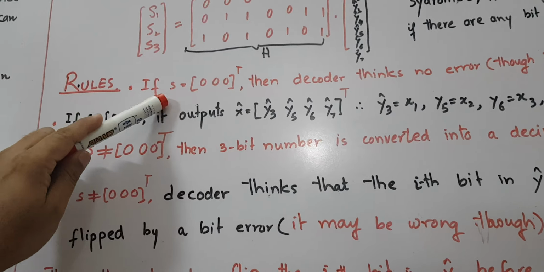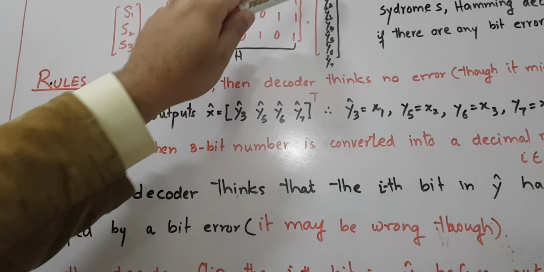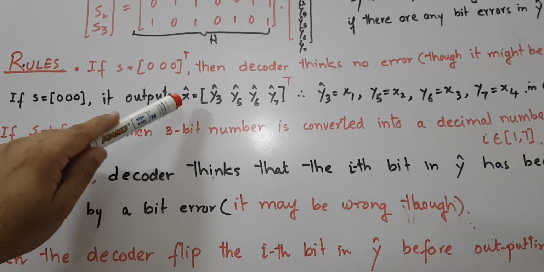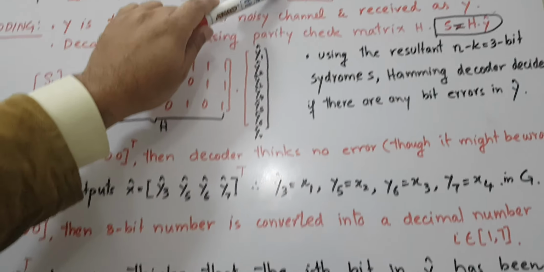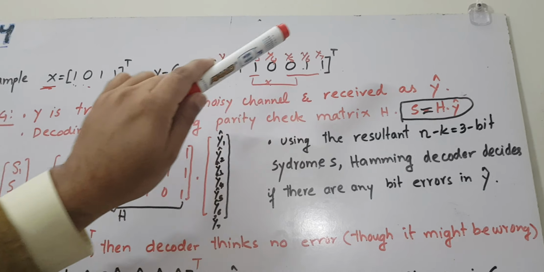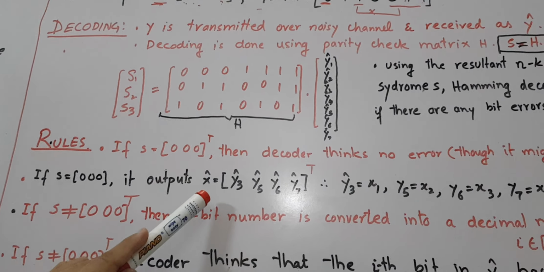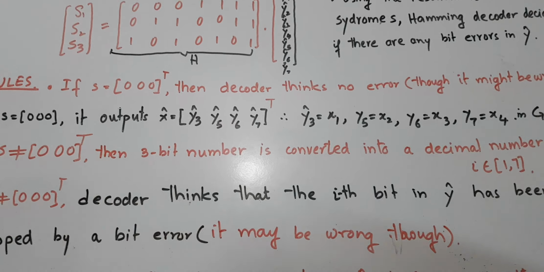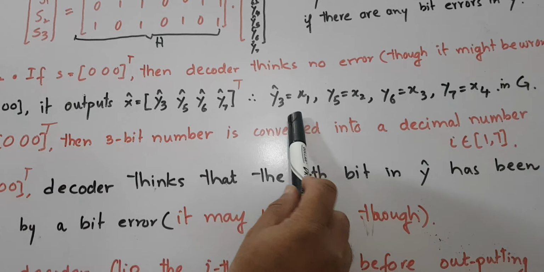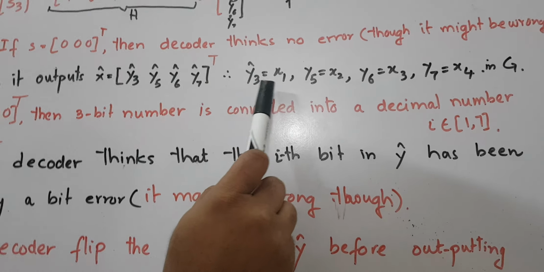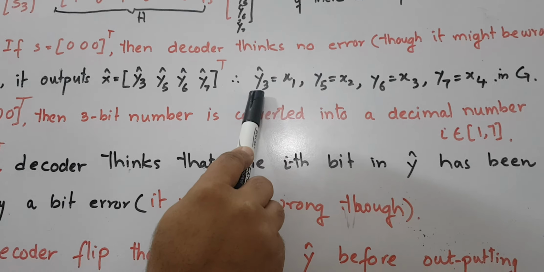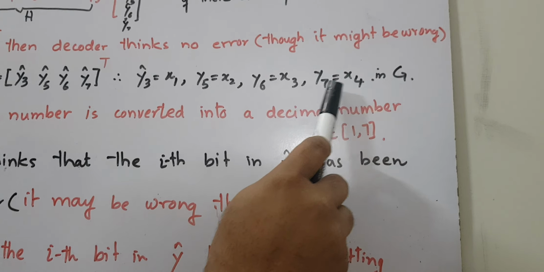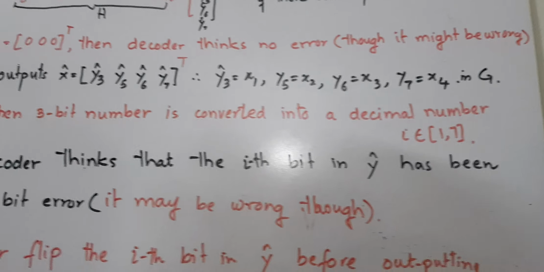If you multiply H with the received code word and the answer is 0, then it outputs x hat, and we know x hat is y3, y5, y6 and y7 hat, because our information bits are at these positions: the first bit at position y3, the second at y5, the third at y6 and the fourth at y7 in our generator matrix.